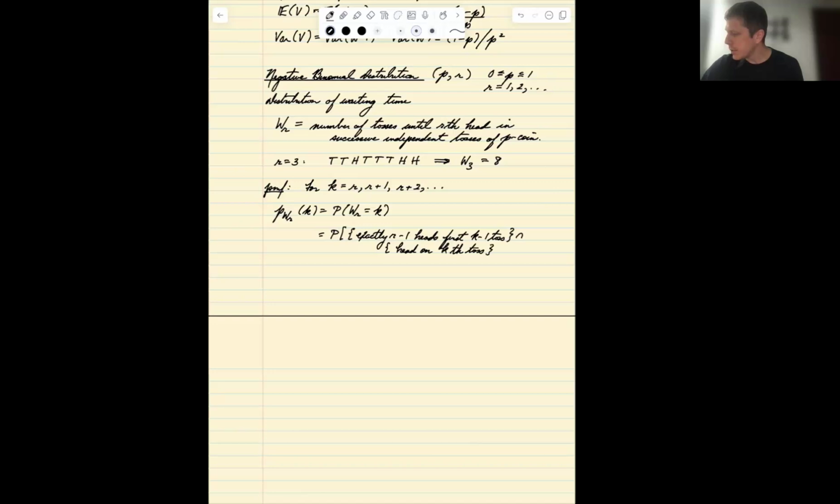So we have R minus 1 heads in any order at any point in the first K minus 1, but then we need the kth toss to be a head.